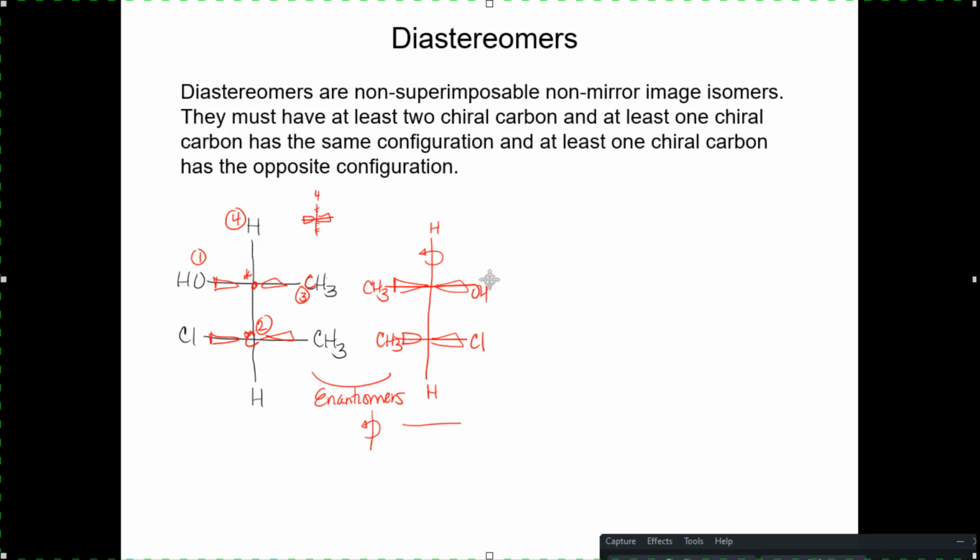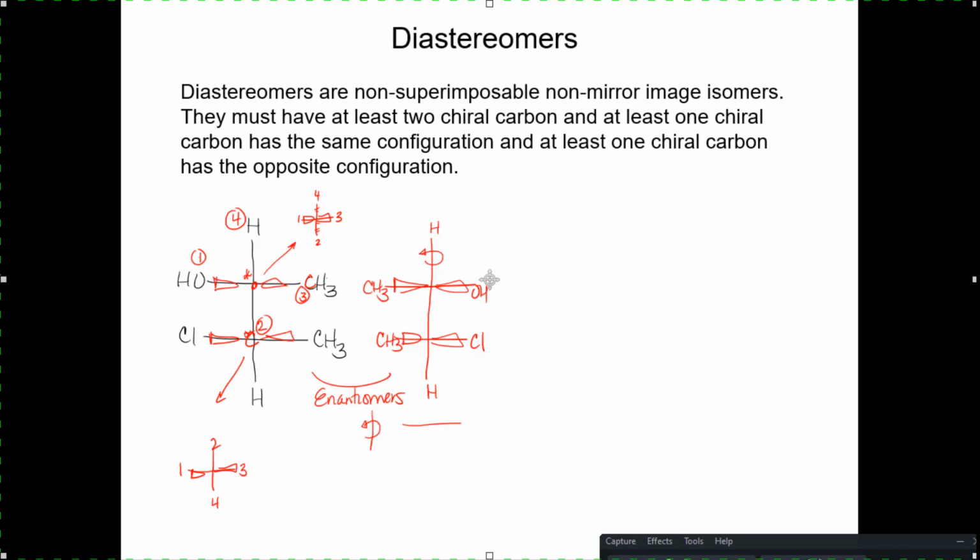And I'll put my numbers in. 1, 4, 3, and 2. So I kind of separate this and I move it up here. I would do the same thing down here. Hydrogen, 4. Chlorine, 1. C with 3 H's, 3. C with more than 3 H's, 2.